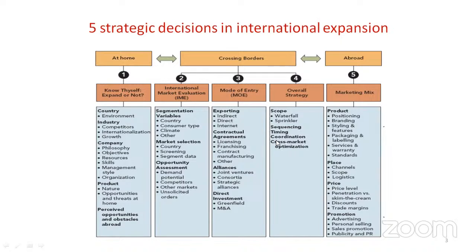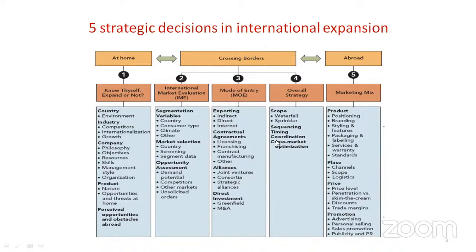You directly enter into the foreign country by merging with and acquiring existing companies in that foreign country, and you start your business. That way we will find different modes of entry which the marketer has to decide.